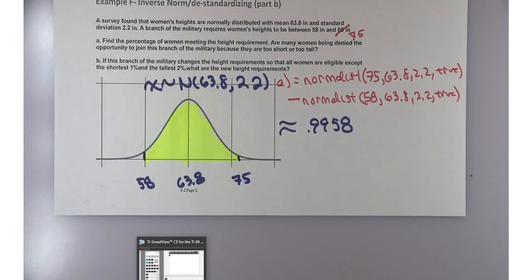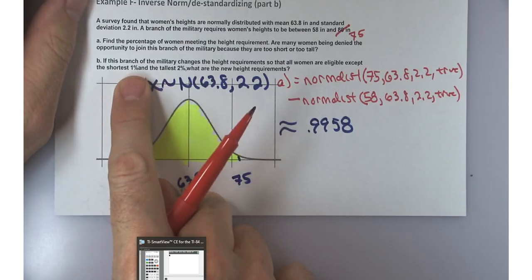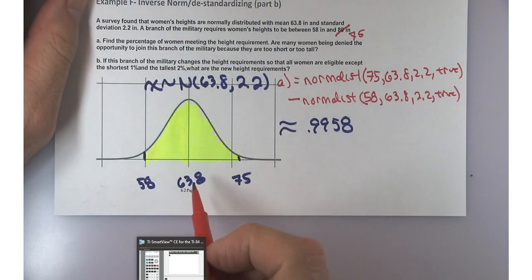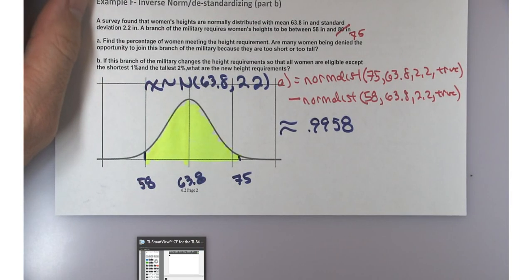So again, let me ask you, norm distribution or norm inverse? Now it's the inverse, because you're starting out with the area and you're trying to find the actual x value. If you're trying to work with the shortest 1%, are you going to expect a value of heights less than 63.8 or greater than 63.8? Less than.